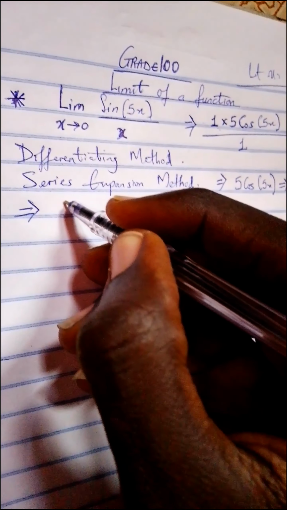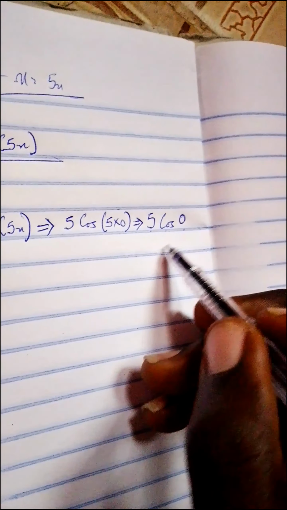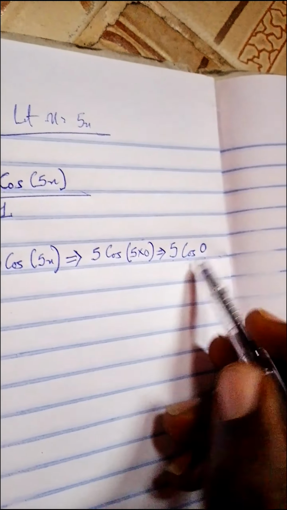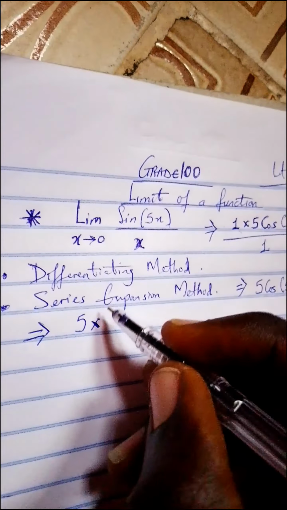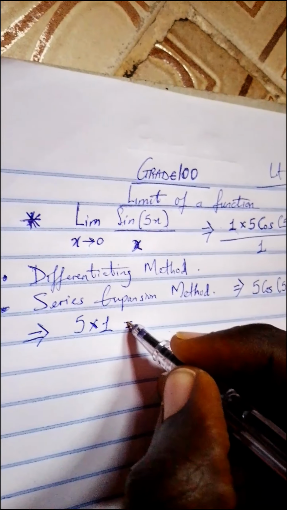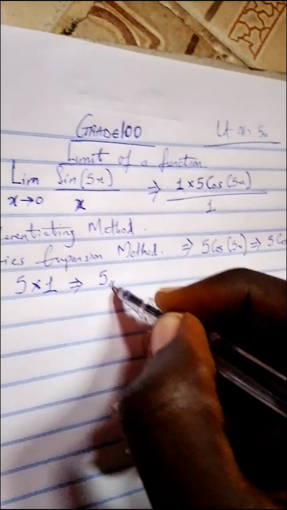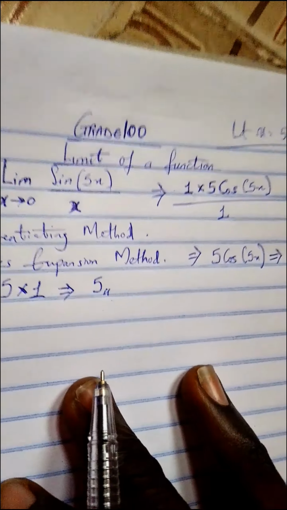With our understanding of basic trig angles, we know that cos 0 is 1, hence 5 times 1 is 5. And that's how to go about solving this particular question.